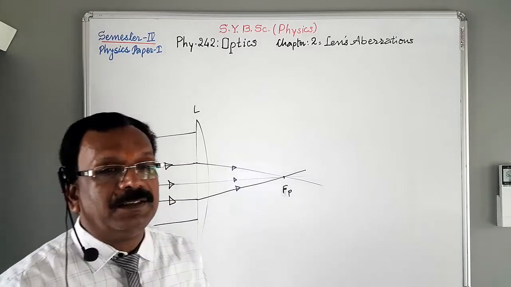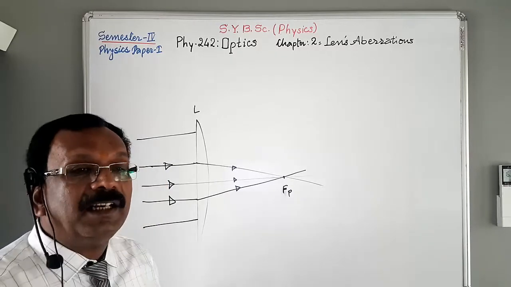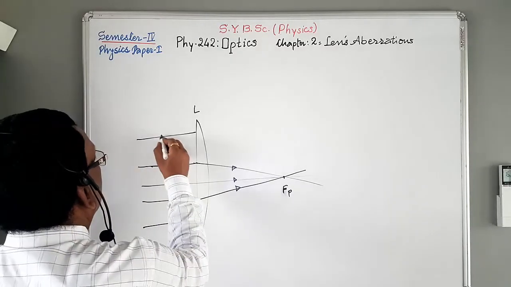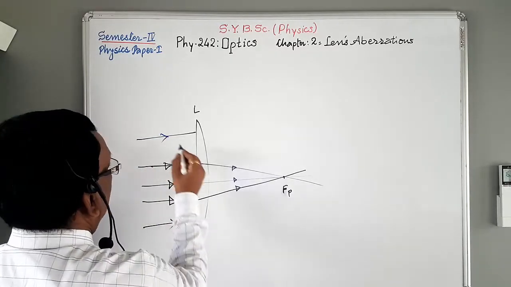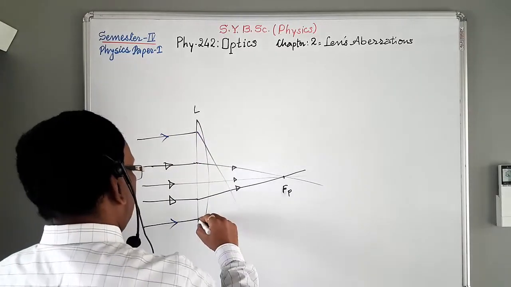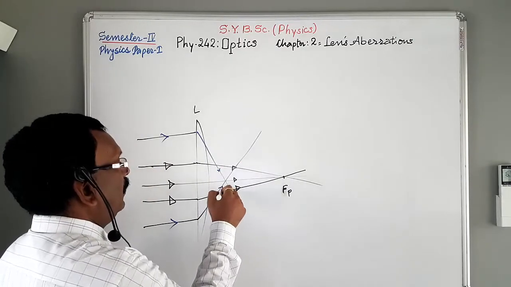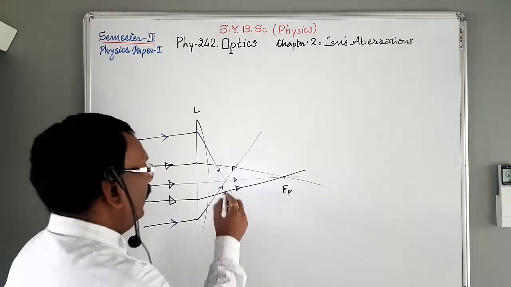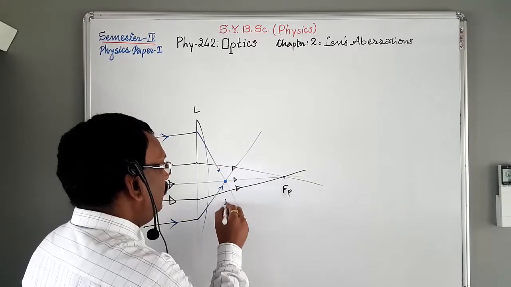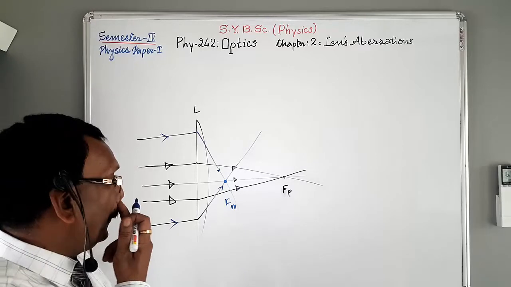through the plano-convex lens. And if we consider the marginal rays, suppose these are the marginal rays. After refraction, they refract like this, and at this point you will get Fm, the focus due to marginal rays.